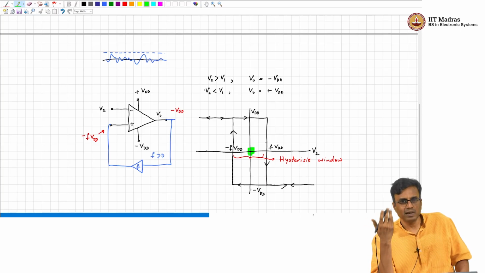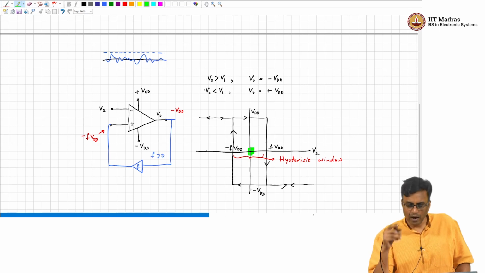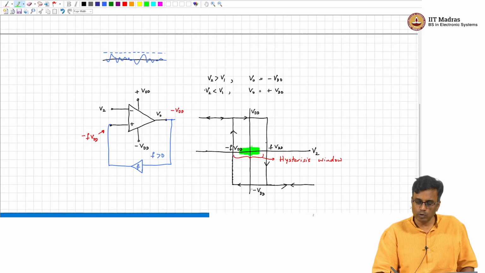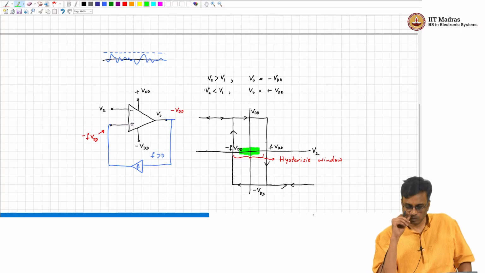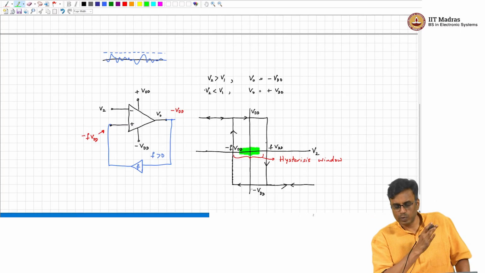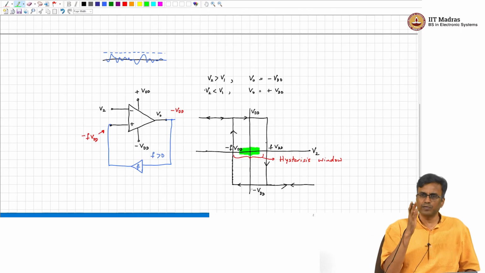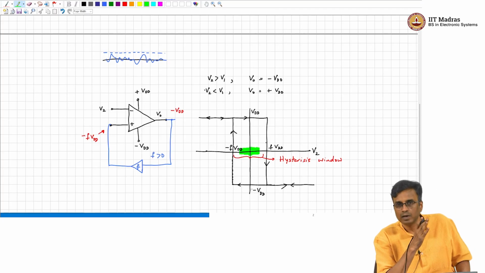The output will still be at minus VDD and will not chatter, as long as the noise plus V2 stays within that window, correct. So, the output will switch not when it crosses the nominal threshold. Without feedback, the threshold was 0, correct.